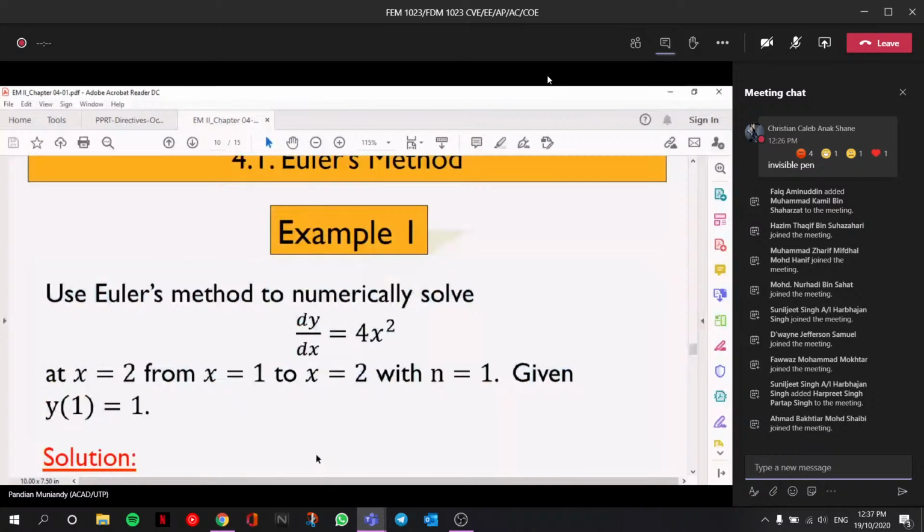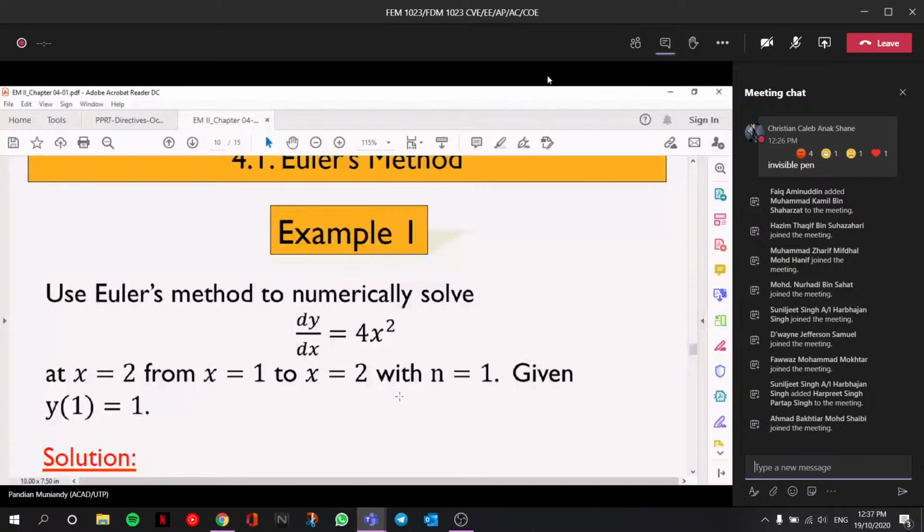You have a lower boundary x1 and then upper boundary x2. x from 1 to 2, that is the meaning. If you want to calculate, your a is 1, your b is 2, n is 1. So you substitute b minus a divided by n.